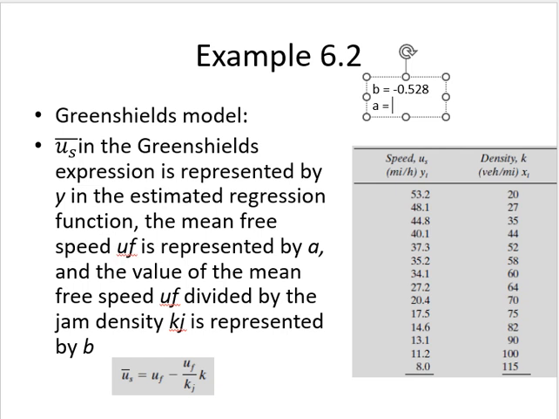What is B? UF upon Kj, right? So do I have any unknown here? What value I don't know? Kj. I can find out Kj because I already found UF. Now how much is Kj?